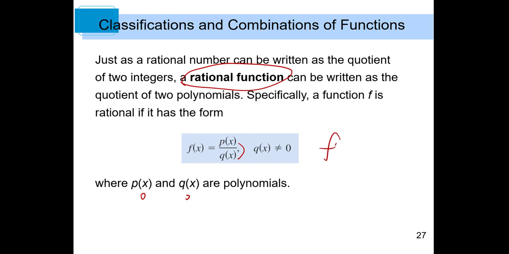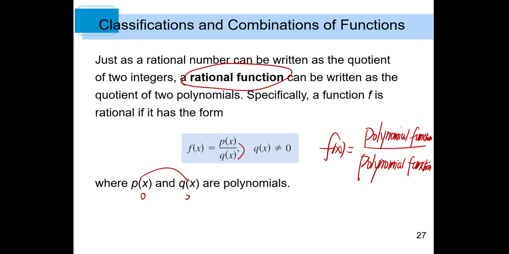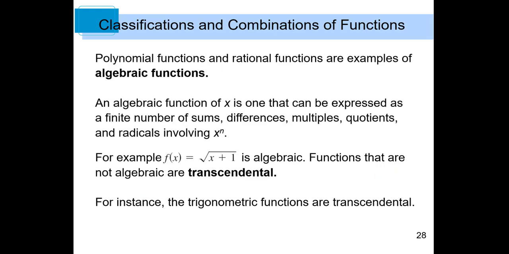And here both p(x) and q(x) are polynomial functions. Both polynomial functions and rational functions are examples of algebraic functions.